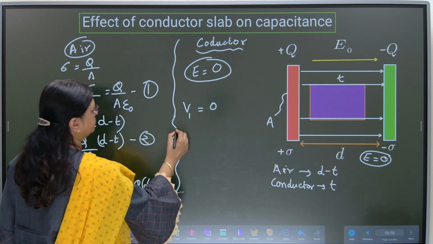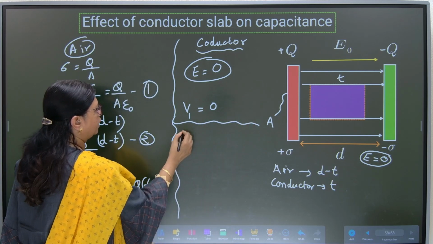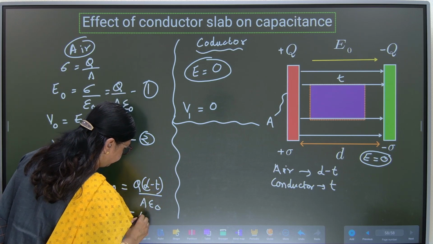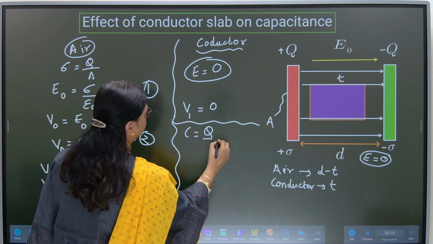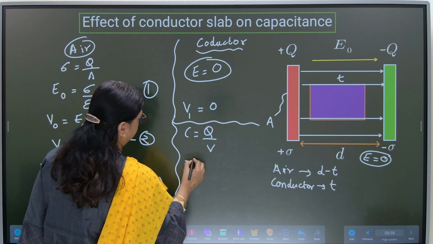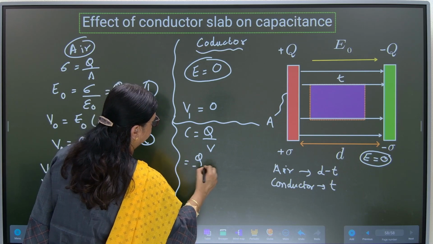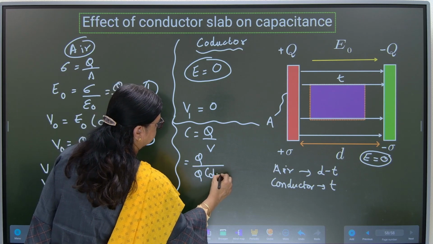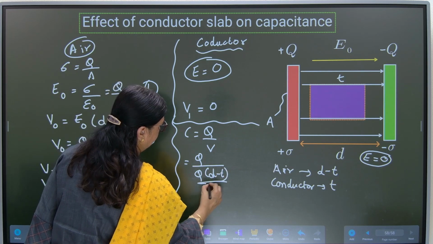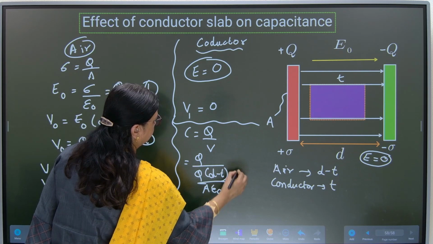Now let me substitute equation 4 for V in C is equal to Q by V. So we have Q upon Q into D minus T upon A epsilon naught.